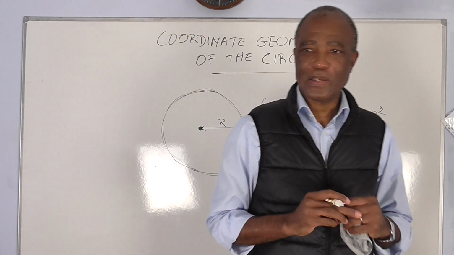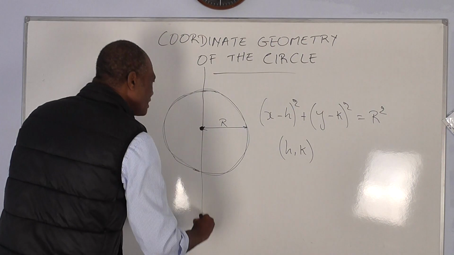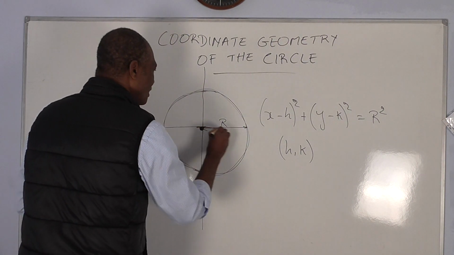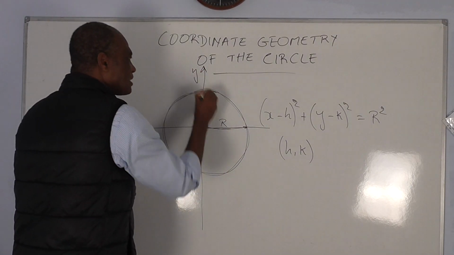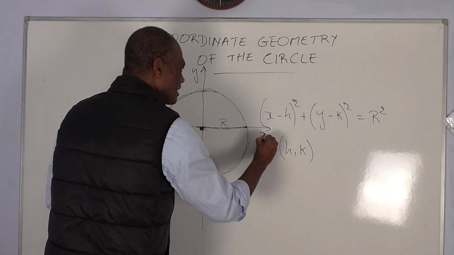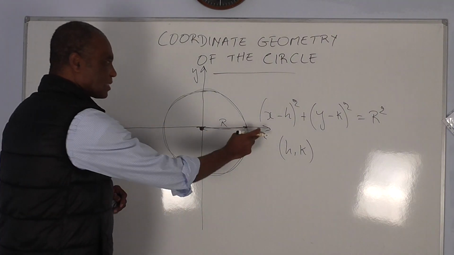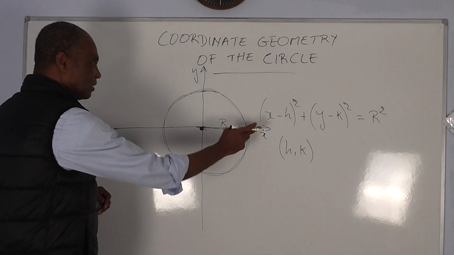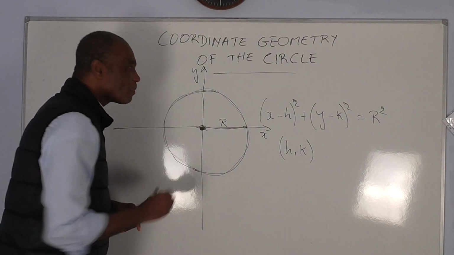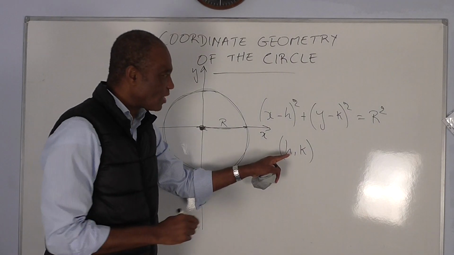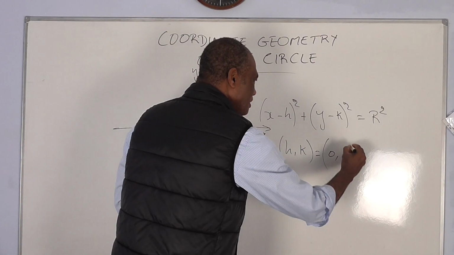If our center is located at the origin of the axis, for example, you have the y-axis and the x-axis, and the center is there, the coordinate will be 0, 0.